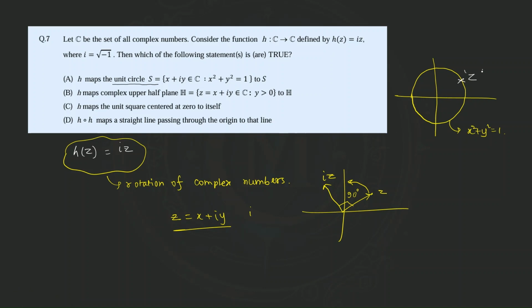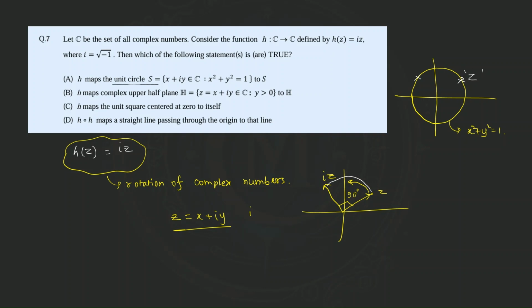If we transform this z by the function h(z), which is multiplying by iota, we rotate this complex number by 90 degrees in the anti-clockwise direction along this arc of radius 1.